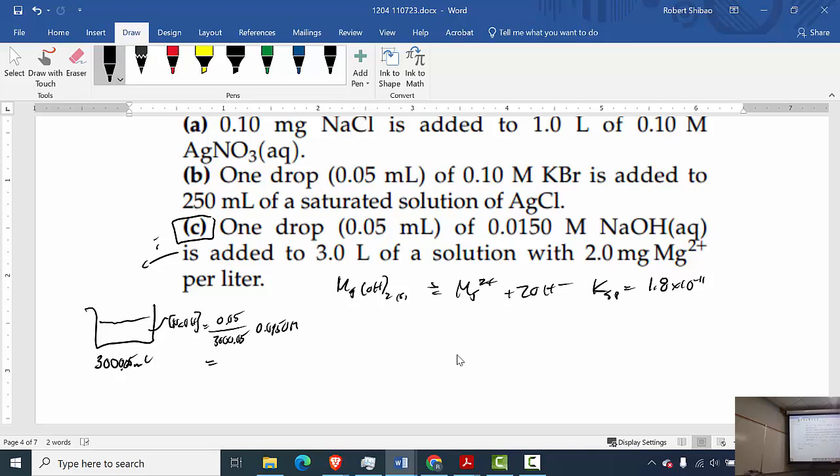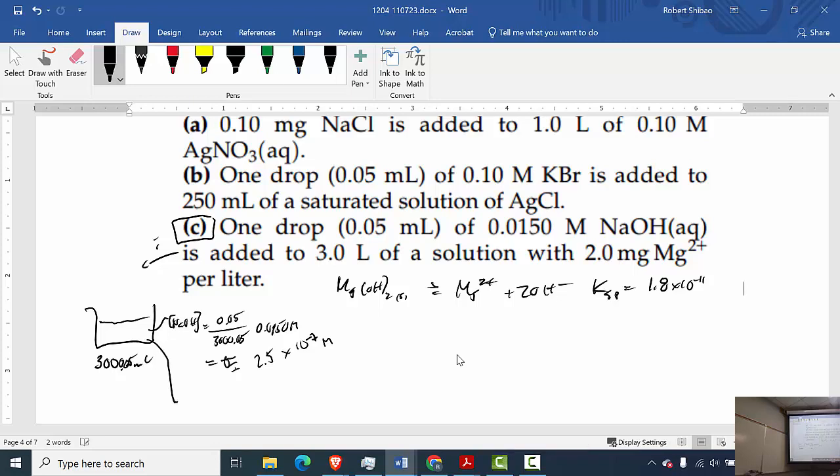And so let's see what this comes out to. 0.05 divided by 3,000, times 0.015. And it's going to come out quite small. Maybe do this in scientific notation. 2.5 times 10 to the minus 7 molar. And so it has diluted many orders of magnitude.